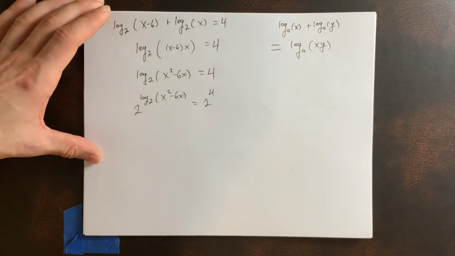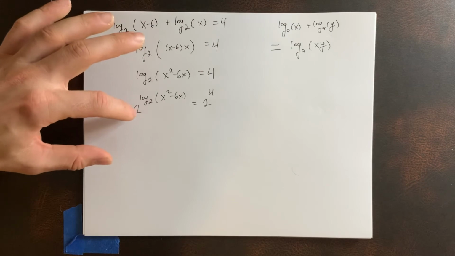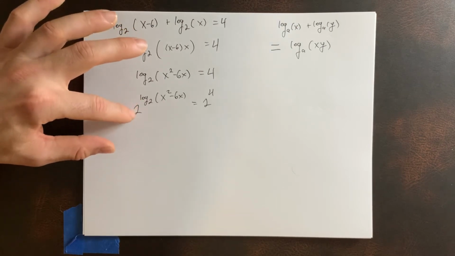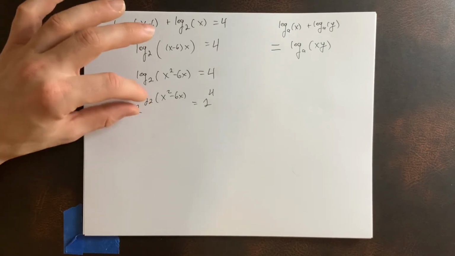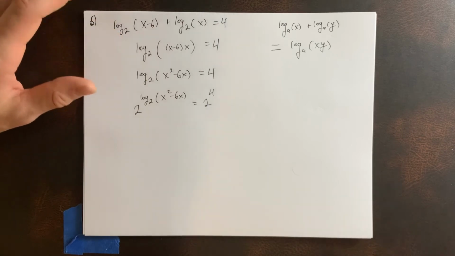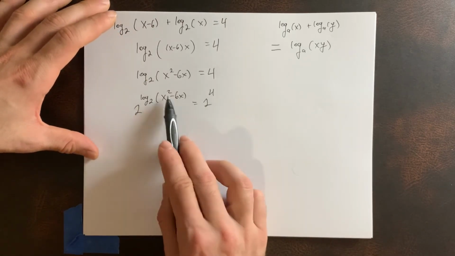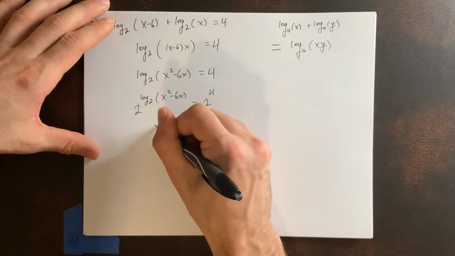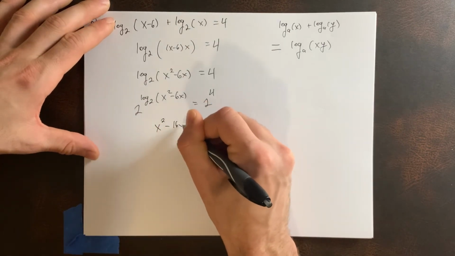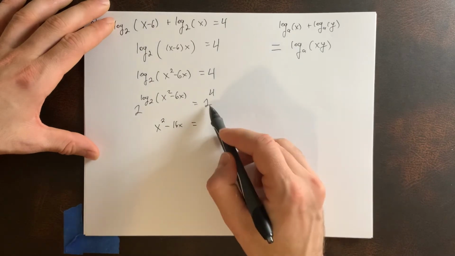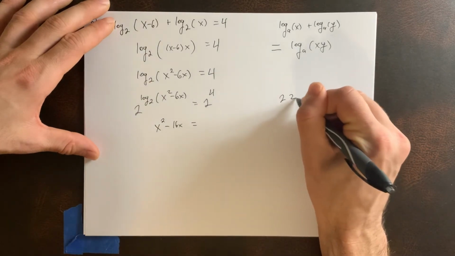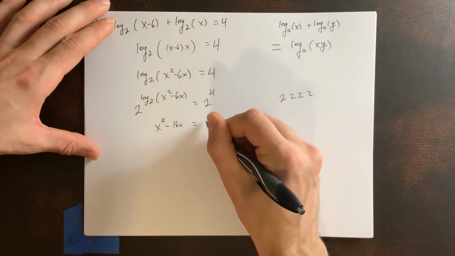Now here we have 2 to the log base 2. On the previous page, we saw that whenever we have that rule, we can get rid of the logs and just have this inside piece. So we're going to have x squared minus 6x, and now 2 to the 4. That's 2 times 2 times 2 times 2, which is going to be 16.